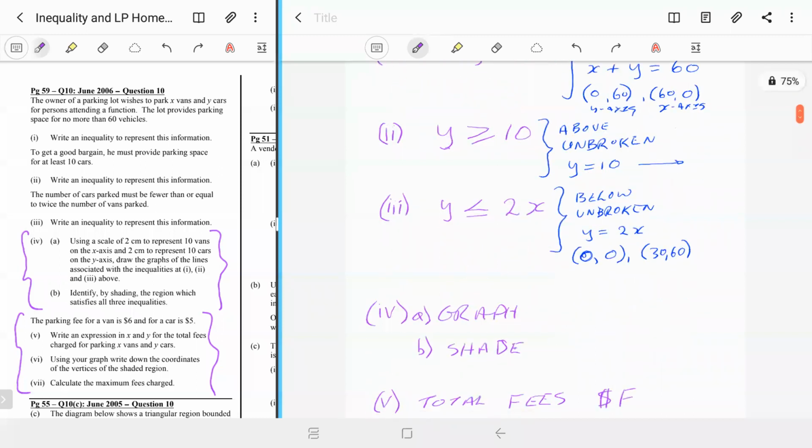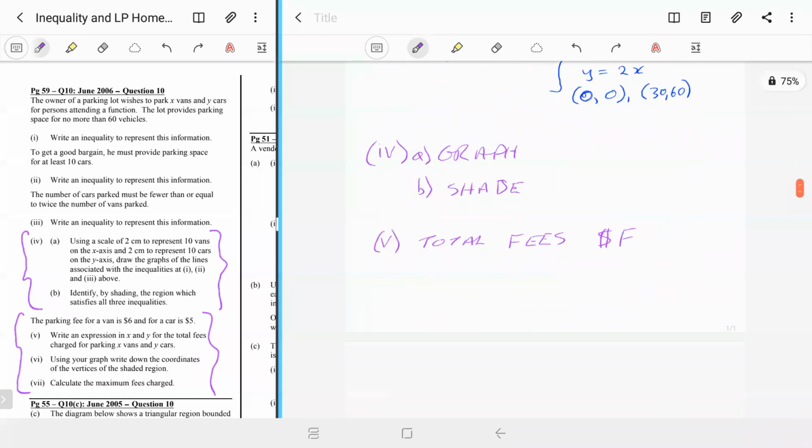So what will be the total fees? Remember, it's $6 for the vans each and $5 for the car. What will be the expression for the total fees? That's what I want us to write in part 5. We're calling the total fees F dollars.